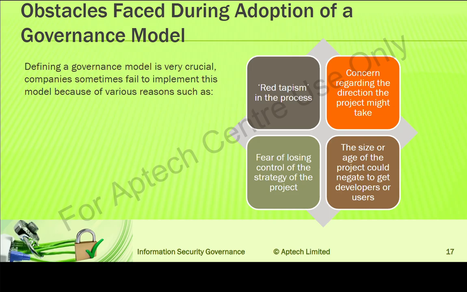We also have fear of losing control of the strategy of the project. Or the size or age of the project could make it hard to get developers or users. How many days will it take us to implement this? That can also cause it.